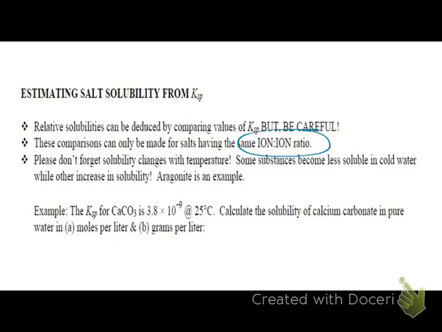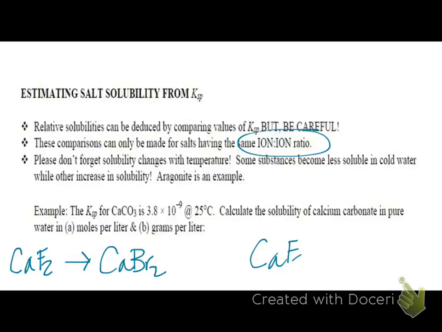So if I was going to compare calcium fluoride to, say, calcium bromide, I could look at their KSP values and look at their exponents and see whichever one is smaller would have less solubility. However, if I wanted to say calcium fluoride against aluminum bromide, I couldn't compare those directly using their KSP values because they have different number of ions. One has 3, one has 4. So you have to be the same number of ions when you do that.